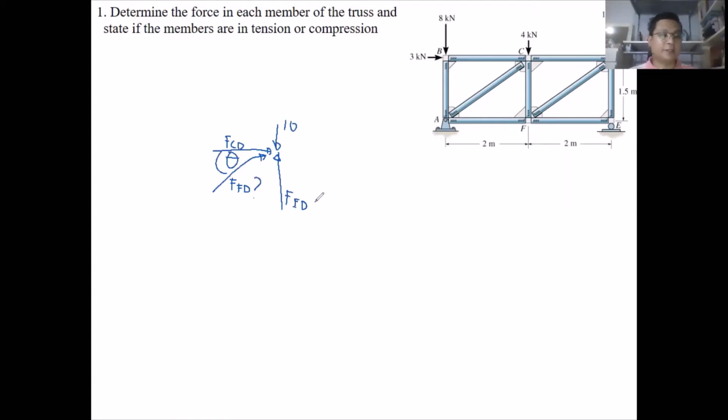Okay. We find out the force acting in the truss FFD.